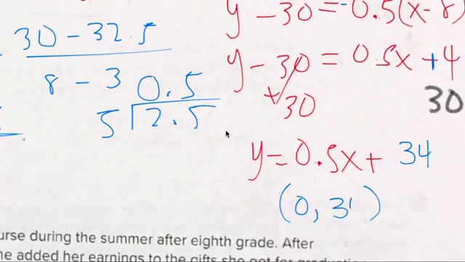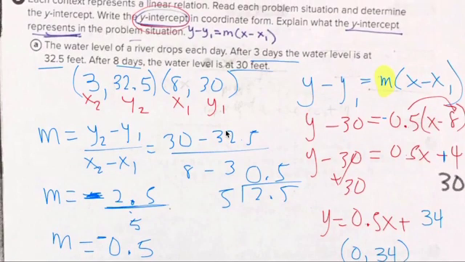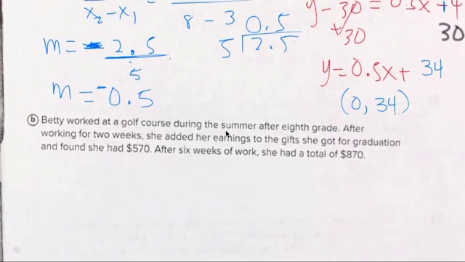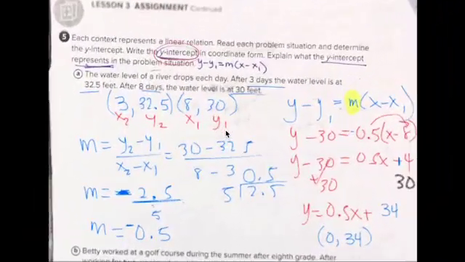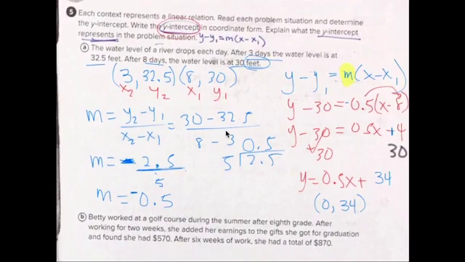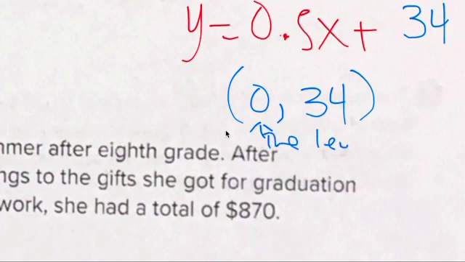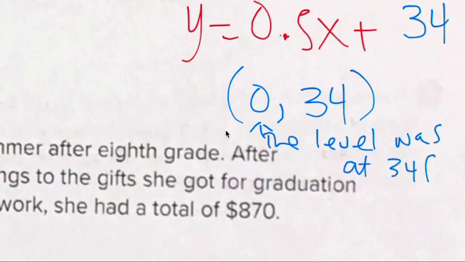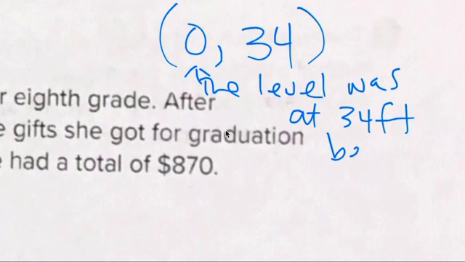Not 26. Okay, so that's the water level was at 34 feet before it starts dropping. It's hard to write on here. Okay.